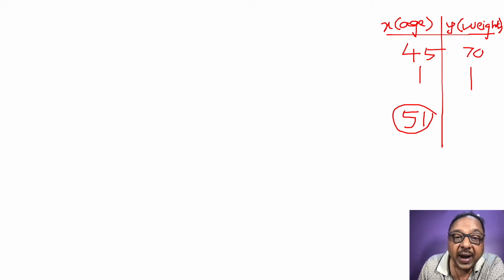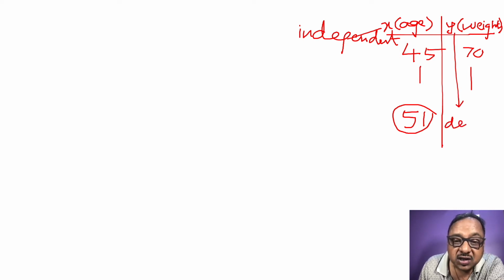So my x is the independent variable, and y is the dependent variable because y depends on x. So I have my independent variable x and my dependent variable y.